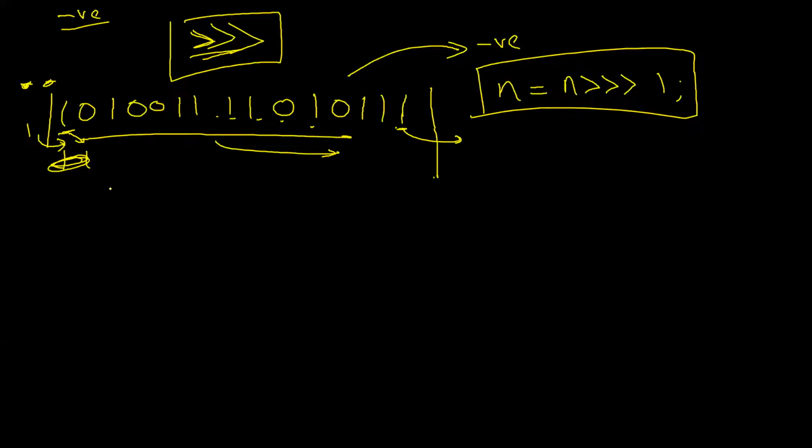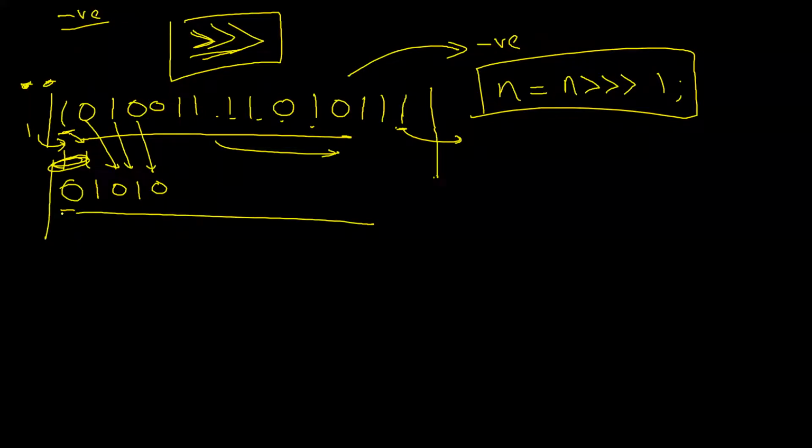But listen carefully. Look, 0 came here, 1 came here, 0 will come here, 0 comes here, right? So this whole thing will become a positive value. Correct, it will become a positive value, some value. Okay, it's not necessarily divided by 2. Okay, it will become a negative positive value, right? And that is the reason why I'm doing while n is not equal to 0.